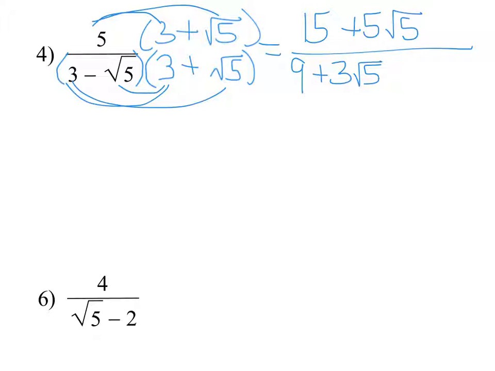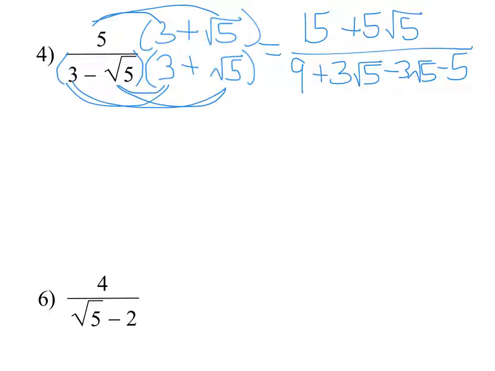Negative square root of 5 times 3 is negative 3 square root of 5. And negative square root of 5 times the square root of 5 is going to be, first of all, negative. Square root of 5 times the square root of 5 is the square root of 25, and the square root of 25 is just 5. So whatever's underneath that square root, when you multiply it by itself, the square root's just going to go away. It's going to be that number.